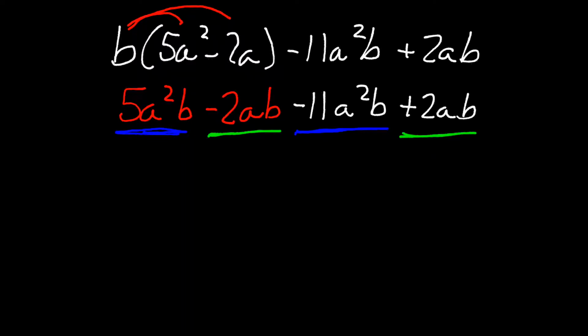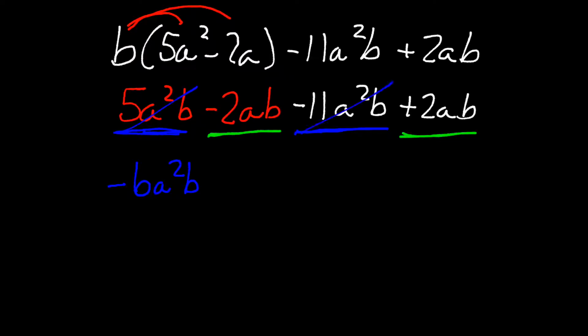Now, generally we want to go with the highest degree term first, so that's our a squared b terms. So I have 5a squared b minus 11a squared b. And that's going to give me a negative 6a squared b.